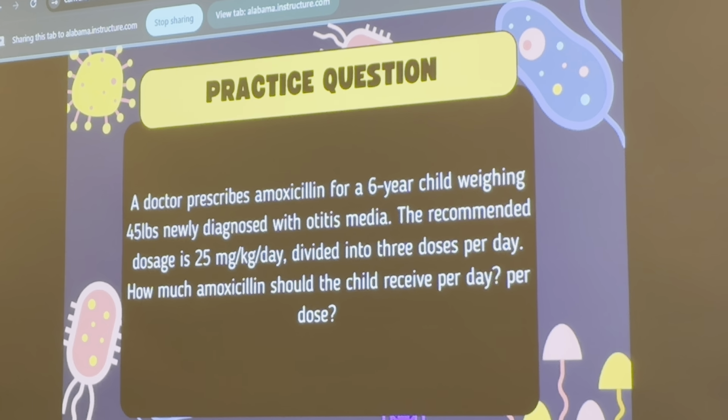So 511 milligrams per day, and then 170 milligrams per dose. Do we need to work through that? Everybody got that? Yeah. Everybody's good?